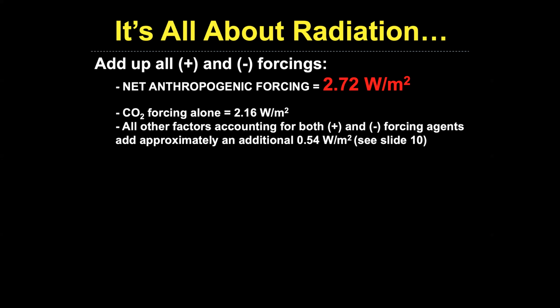All right. So again, if you add up all the positive and the negative forcings, the net anthropogenic number, again, is 2.72. CO2 alone is responsible for 2.16 of this. All the other factors contribute to the remaining 0.54.